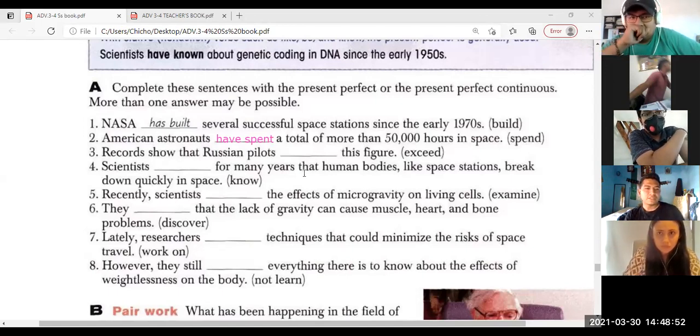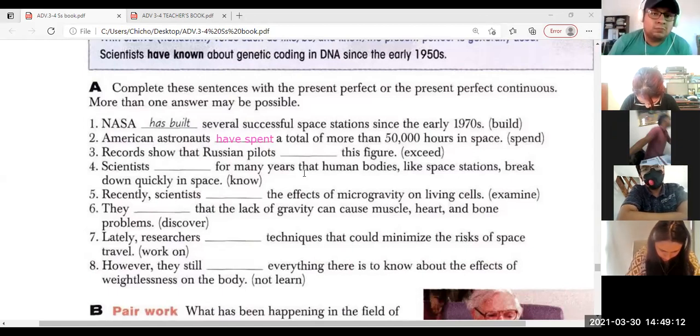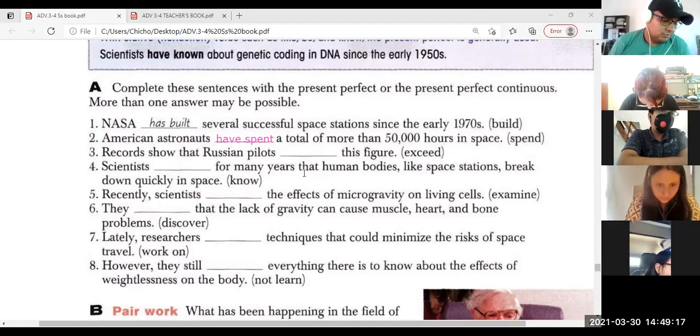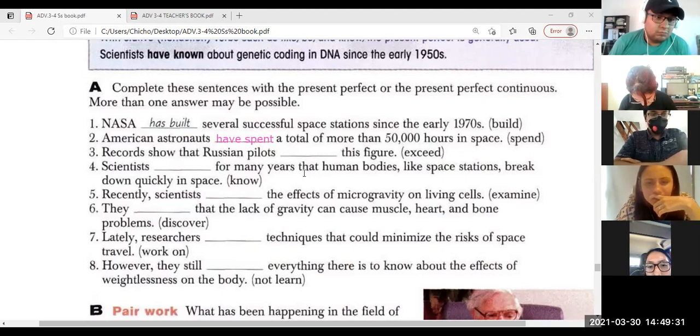What about number 3? Please, Edinson. Number 3, records show that Russian pilots... I wrote have been exceeding this figure. What do you think, guys? Do you agree with your partner? Do you have the same answer here? Franz, what do you have in number 3?